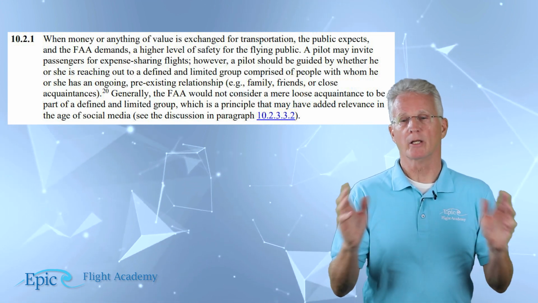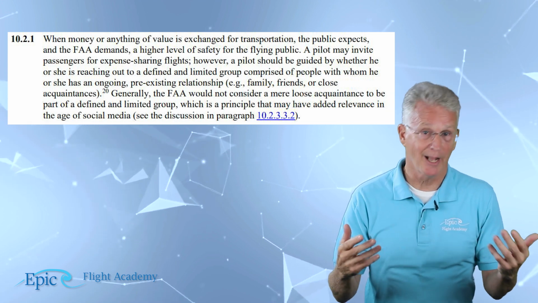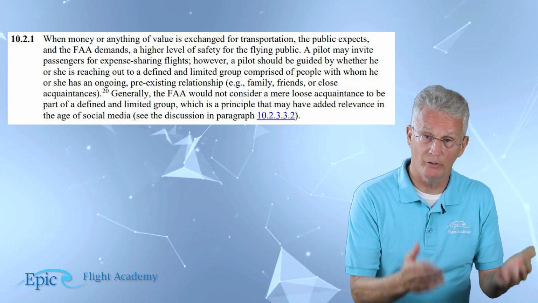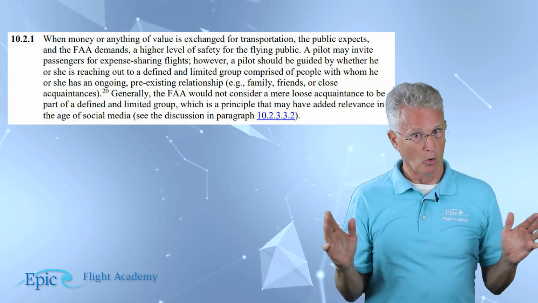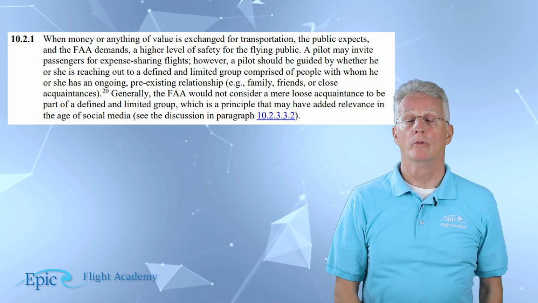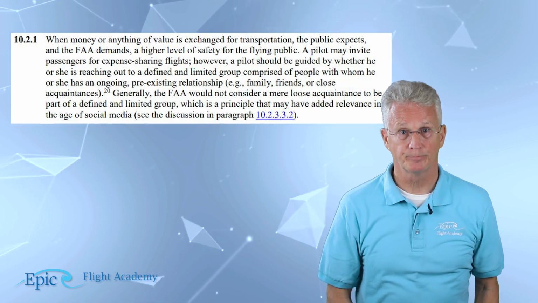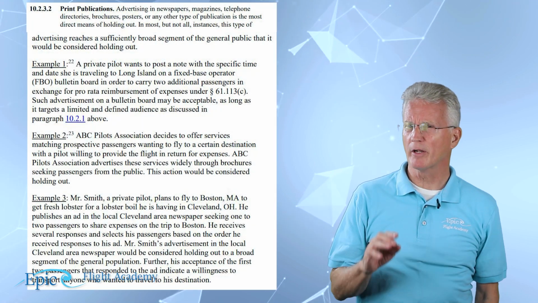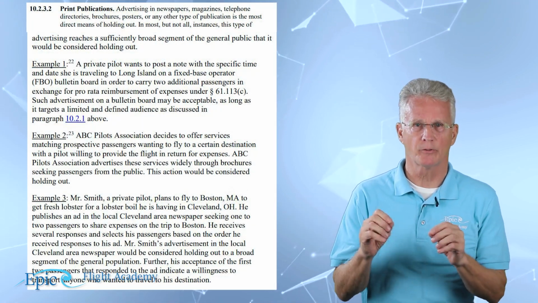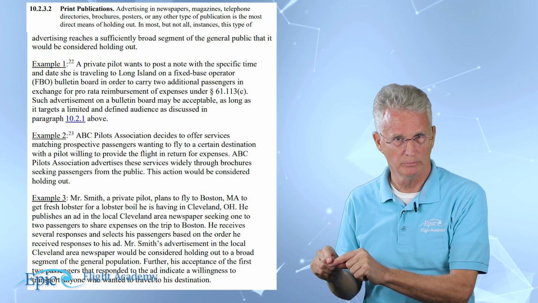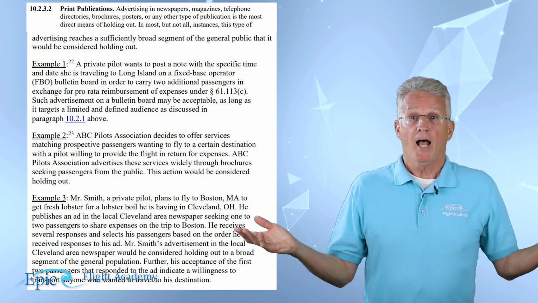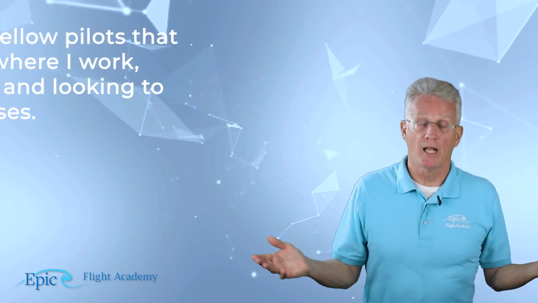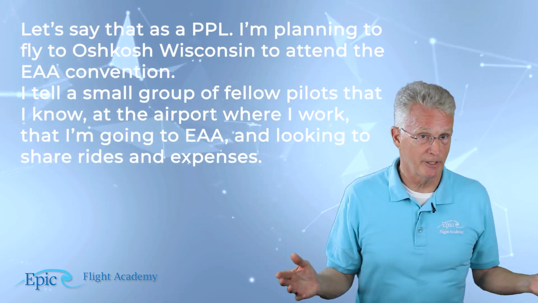Here's 2 examples. Let's compare reaching out to a known small group of friends versus holding out to the general public. Look at paragraph 10.2.3.2, and let's say that as a private pilot, I'm planning to fly to Oshkosh, Wisconsin to attend the EAA convention.